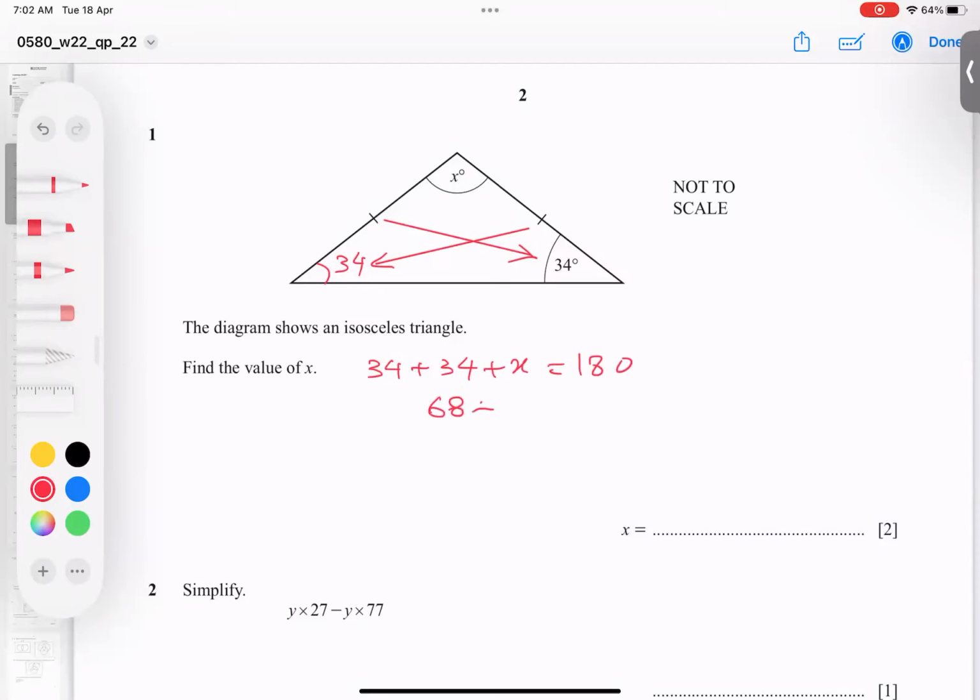So 68, and it goes there, and when it goes there, subtract. So 180 minus 68. So the answer is coming 112 degrees. I hope the point is very, very clear.